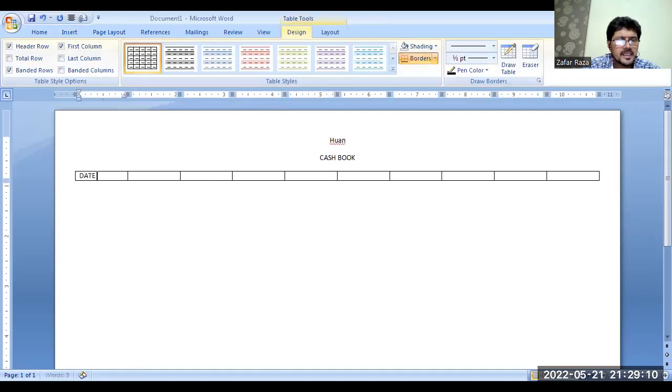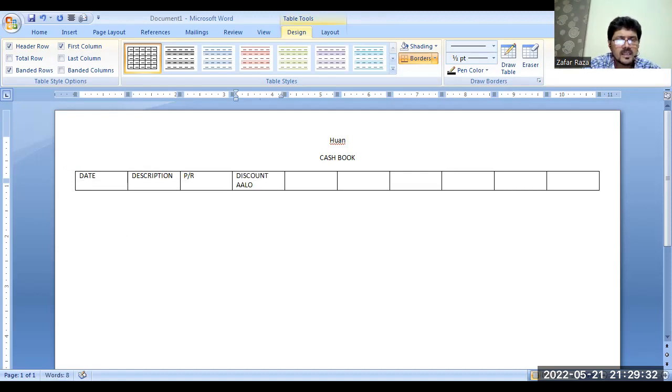So write date, description, PR, discount, cash, then bank, debit.